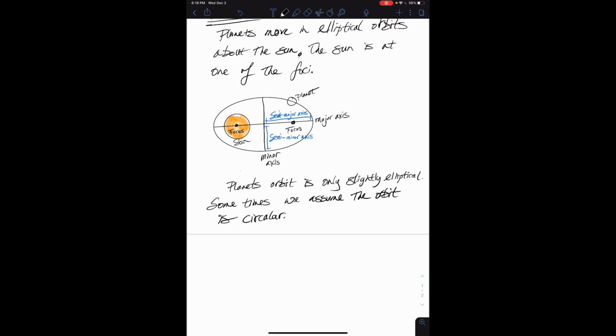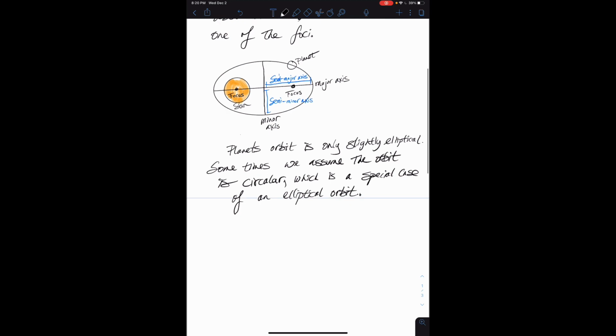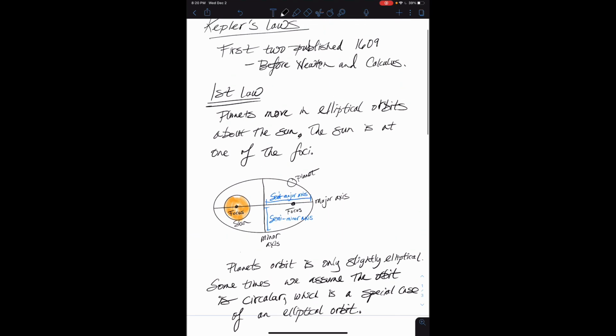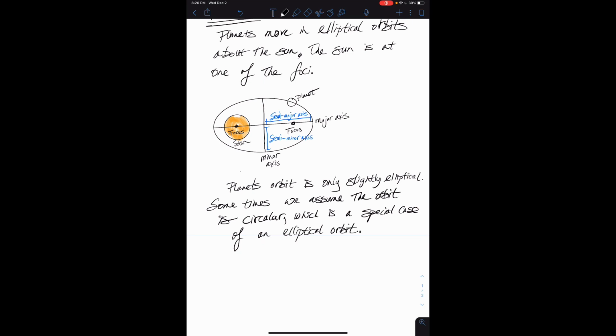A circular orbit is a special case of an elliptical orbit. Now there is an equation for a circle. There's also an equation for an ellipse. I'm not going to go through that. But if you are interested in it, we can talk about it, or we can watch a video over it. But it's not necessary for this class, and the mathematics gets a little tricky there. As long as we understand the concept.